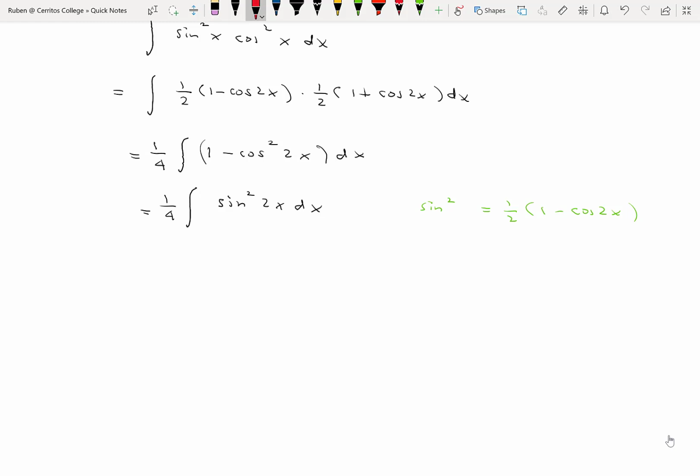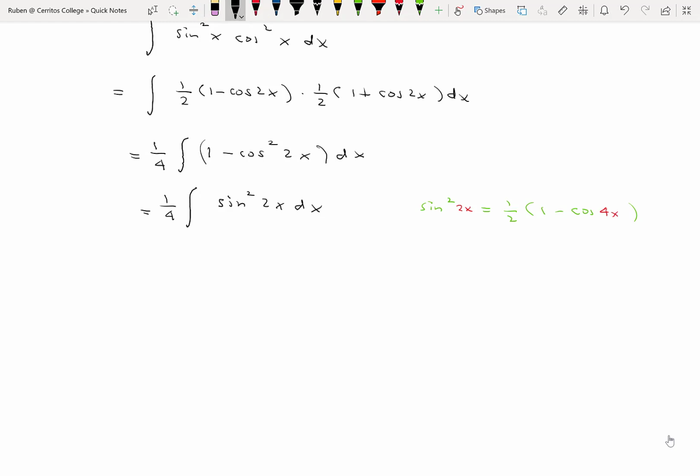It's not sine squared x, it's sine squared 2x. So I'm going to replace x with 2x on both sides. Well, if on the right hand side I put 2x instead of x, there's a 2 in the formula, but I'm replacing x with 2x. So what's that going to leave for the angle on the right hand side? Of course it's going to leave 4x.